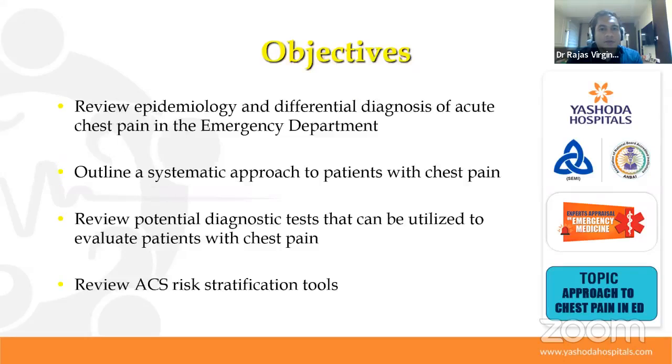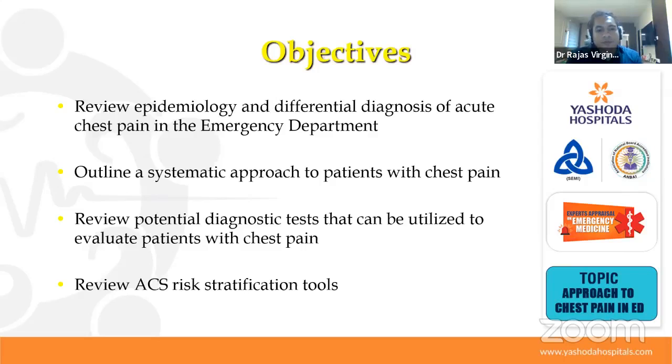So the main learning outcomes or objectives for this talk are reviewing the epidemiology and also the various causes of chest pain that you might encounter in the emergency department. At the end of the talk, we should be able to outline a very standardized and systematic approach to patients with chest pain.